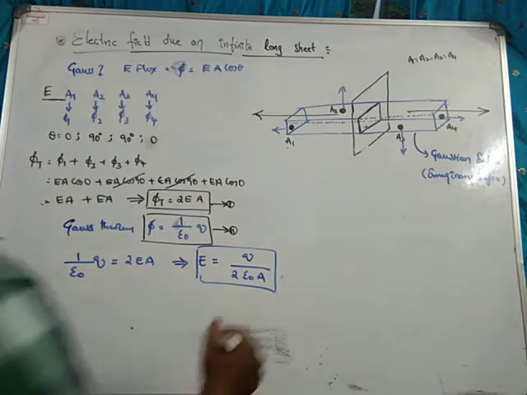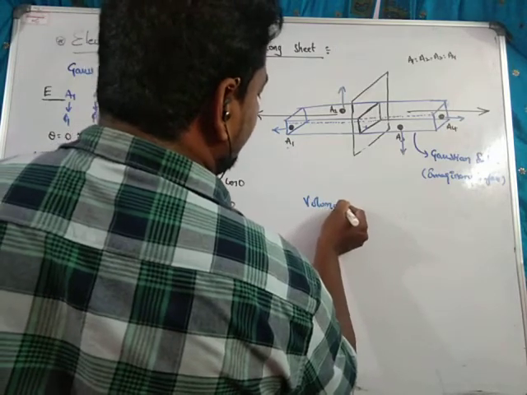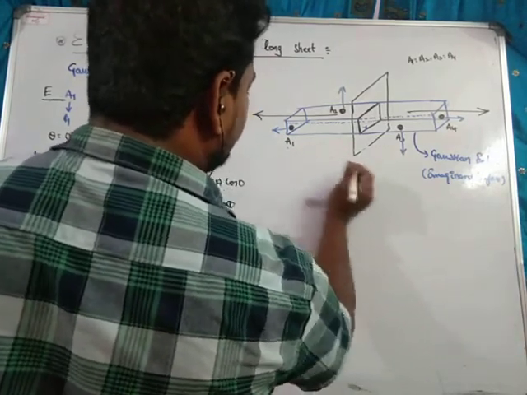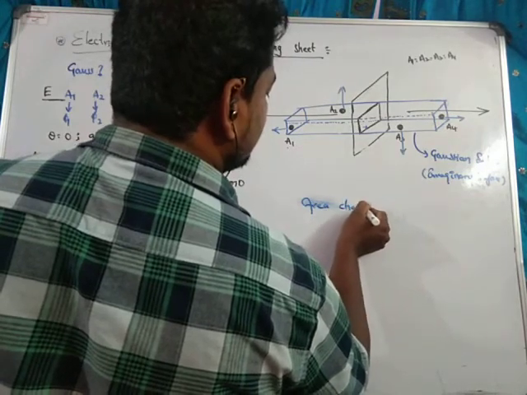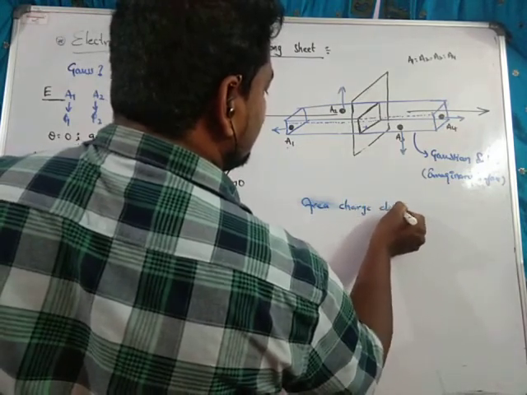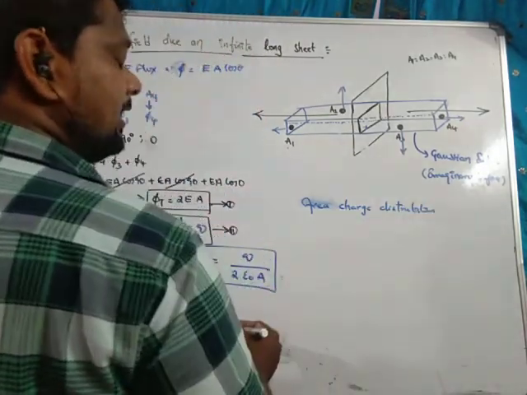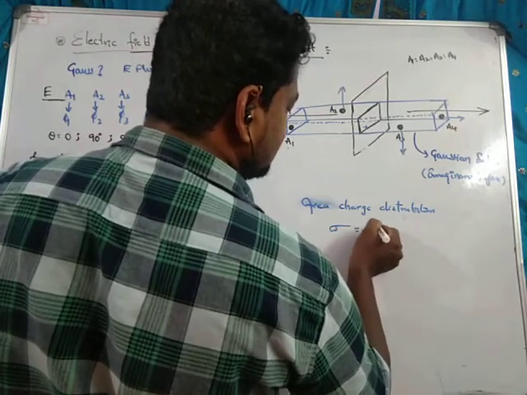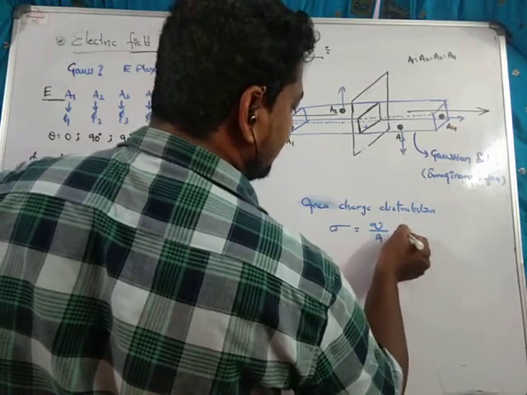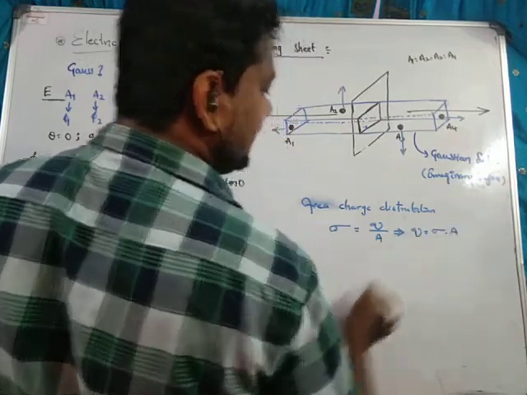But according to area charge distribution, what's the area charge distribution? It is denoted with sigma. Sigma is equal to charge upon area, which implies charge is equal to sigma into area.